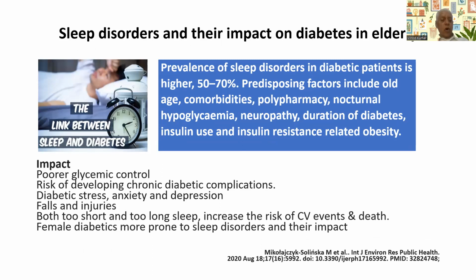Sleep deprivation can cause poorer glycemic control, risk of developing chronic diabetic complications, increased diabetic stress, anxiety, and depression, and can lead to falls and injuries. Both too short and too long sleep increase the risk of cardiovascular events and death. And it may be noted that female diabetics are more prone to sleep disorders than their male counterparts, and the impact is greater in them.